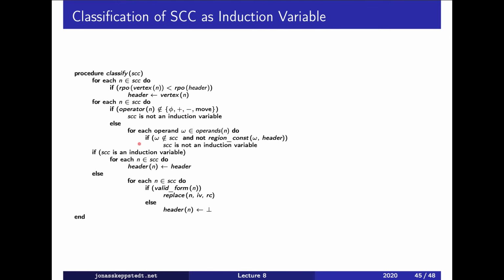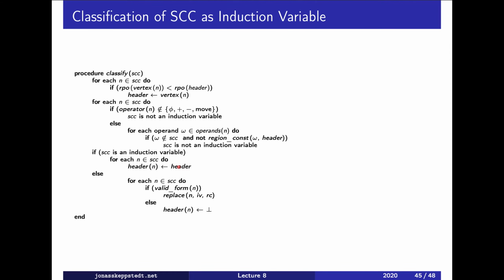Okay, and then we check the operands if it was in this set, and see if it's defined either in the strongly connected component, or if it's not, defined outside the strongly connected component, or if it's not a region constant, in which case it's not an induction variable as well.